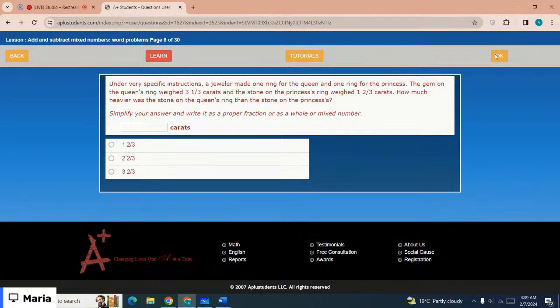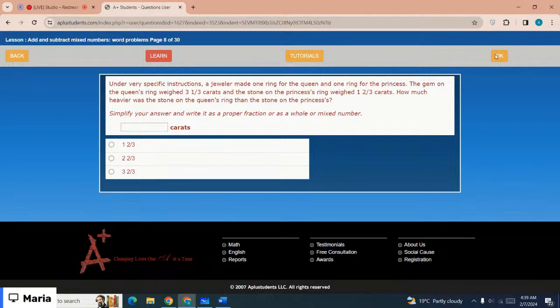So, which is the correct option? That is 2 whole 2 over 3. The correct option is 2 whole 2 over 3.